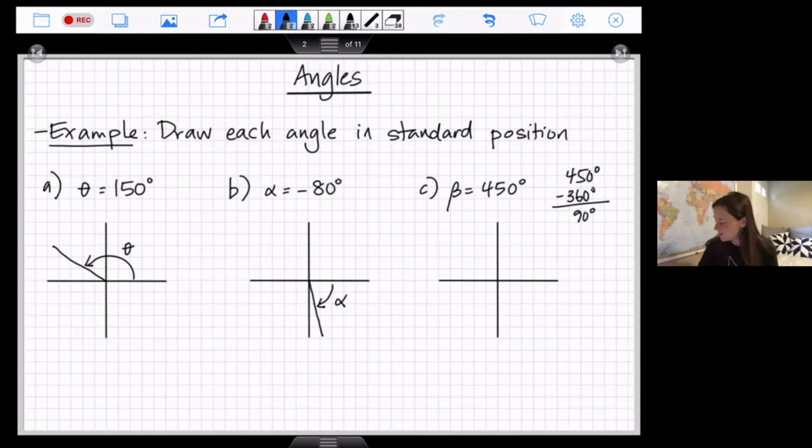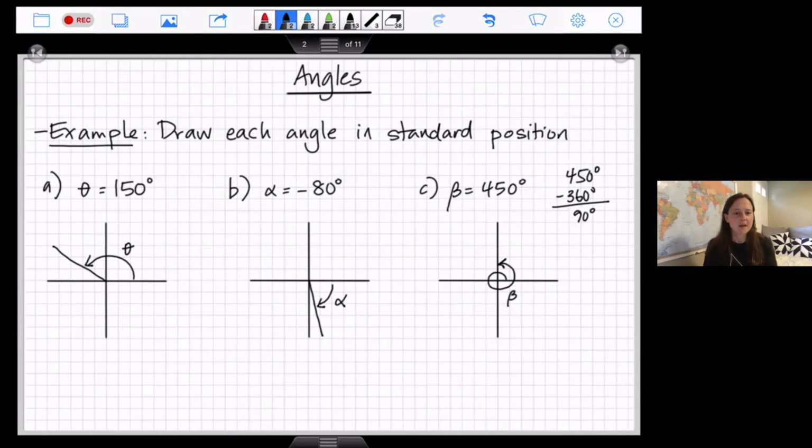So counterclockwise, because it's a positive 450, a full circle plus 90 degrees, and that's our beta. You can also see here why that arrow is very important, because it signifies that this is a 450 degree angle rather than just a 90 degree angle. And even though those two angles land you in the same spot, they're not the same angle. Like if you're on a skateboard, going 90 degrees is not the same thing as doing a 450 degree turn.